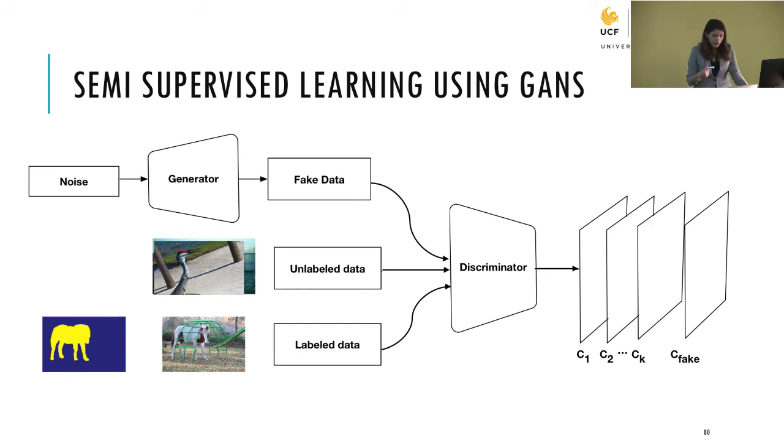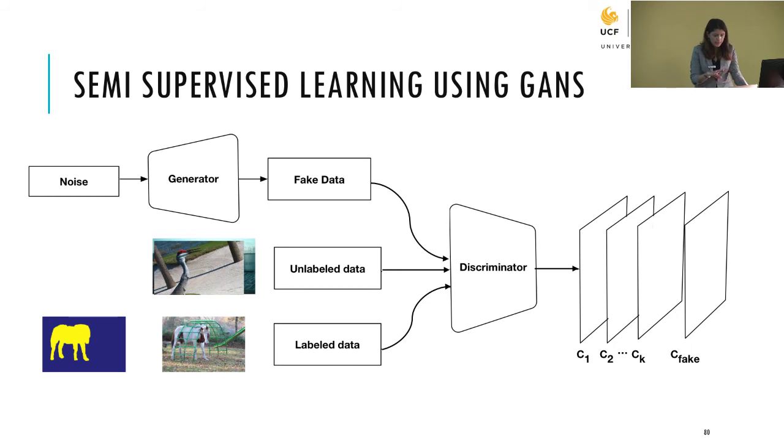Here, the idea is that when we have this generated data, the generator tries to confuse D. Now D needs to learn more robust features to be able to distinguish between the real data and the generated data.